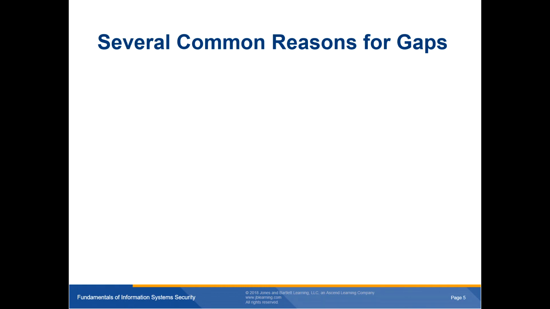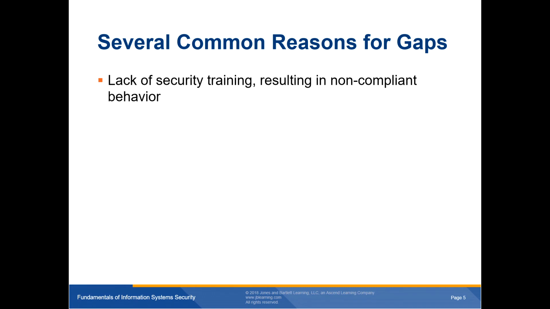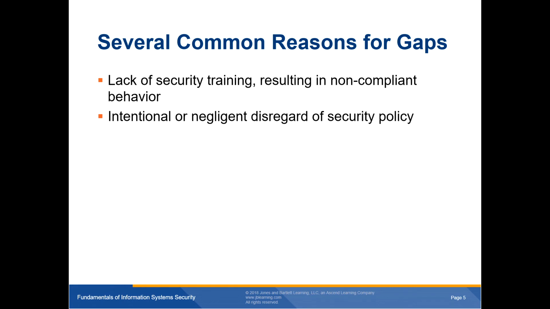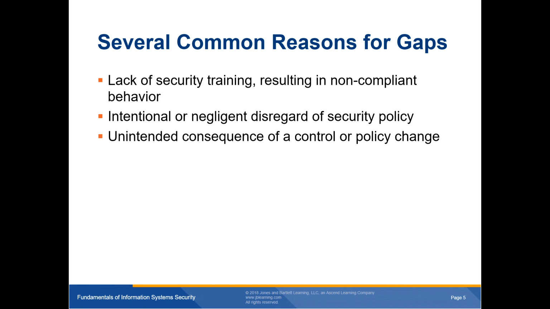Now, there are several common reasons for gaps. Probably the biggest reason is lack of security training, resulting in non-compliant behavior. People have to be trained to do what is right in an organization when it comes to cybersecurity. Intentional or negligent disregard of security policy. Unintended consequence of a control or policy change.